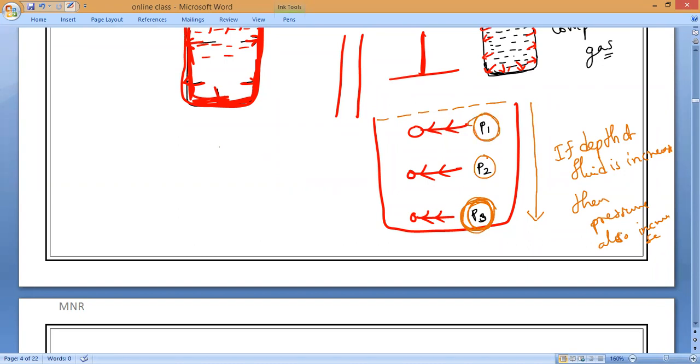So if you want to test this at home, take a normal 20 rupee use-and-throw water bottle. Fill this water bottle fully and make equal holes at this point P1, this point and this point. At which point will the water come out to a larger distance?